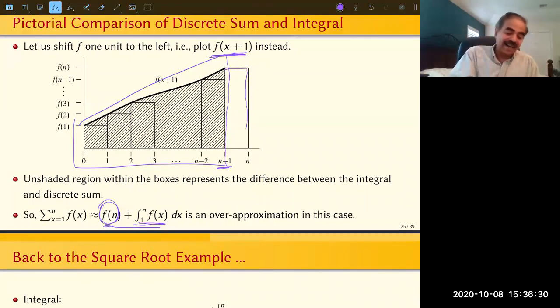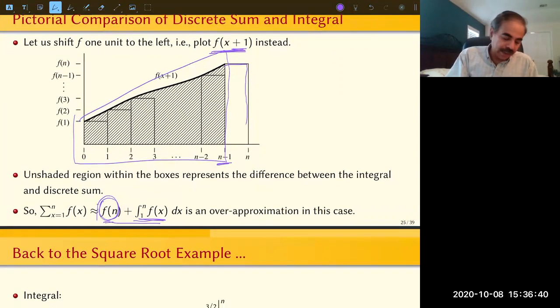So now we clearly have this quantity is clearly more than the area of the rectangles because we include these areas which are outside the rectangles.